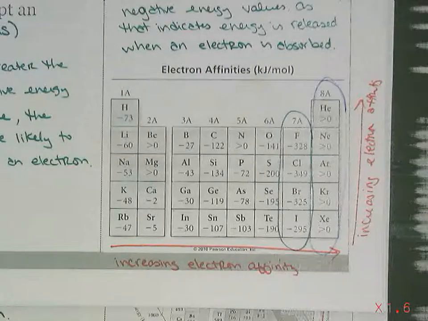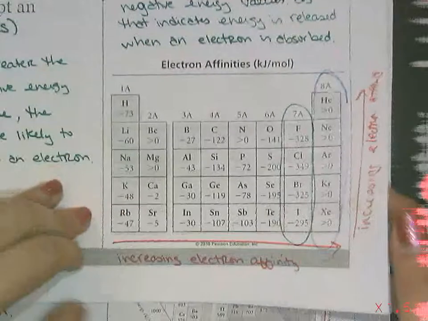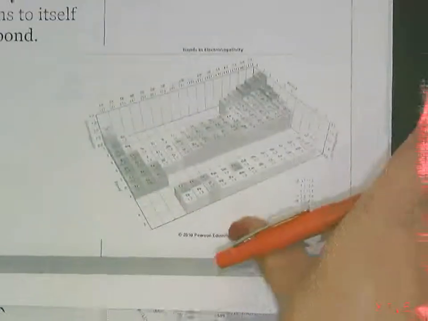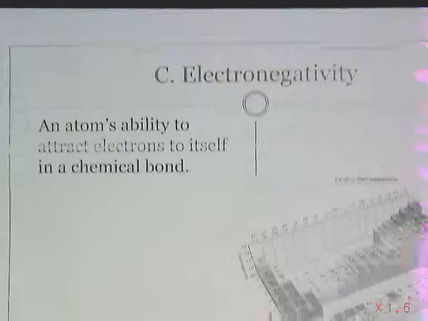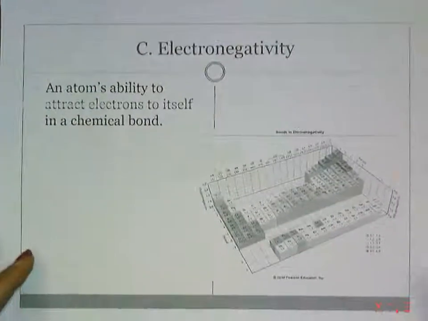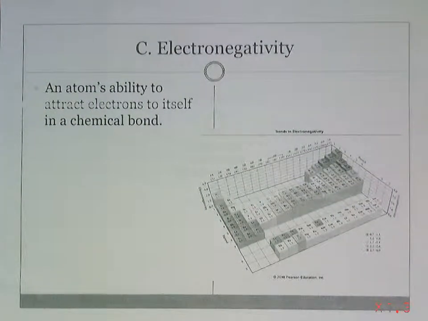All right, so then the third property we're going to look at with periodic trends, which is our last one, is related to electron affinity. They're very similar. The difference is we need electronegativity to talk about things being bonded together.